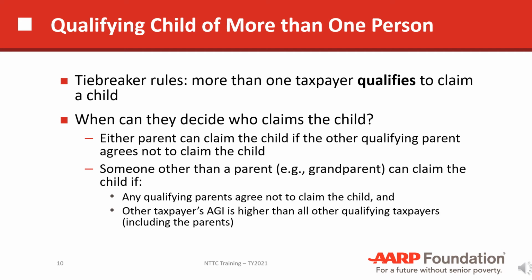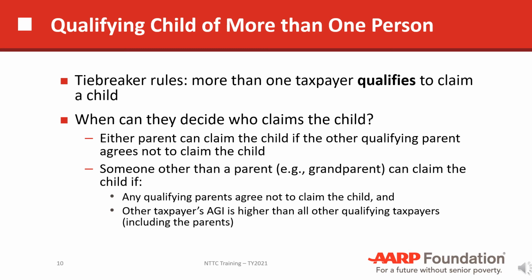So what if we have a qualifying child of more than one person? The IRS tax code has what's called the tiebreaker rule. If more than one taxpayer qualifies to claim the child, then how do we handle that? When can they decide who claims the child?